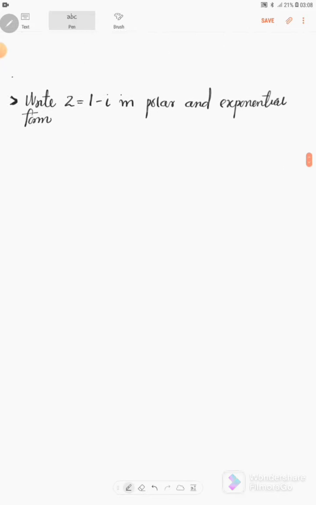Write z equals 1 minus i in polar and exponential form. Okay, solution. z equals 1 minus i. First thing I said, we sketch.